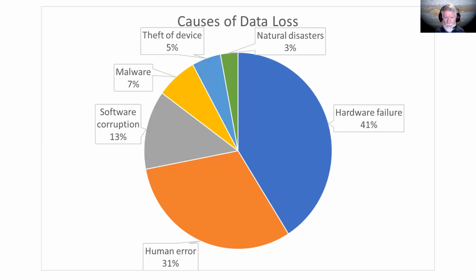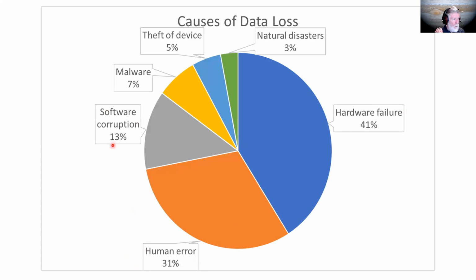Here's some information that I got from several sources, so I haven't cited it. It's a combination of several sites, but what causes these failures? Hardware failures are a big one, accounting for 41%. Human error accounted for about a third of all the failures. So frequently, you do it to yourself.